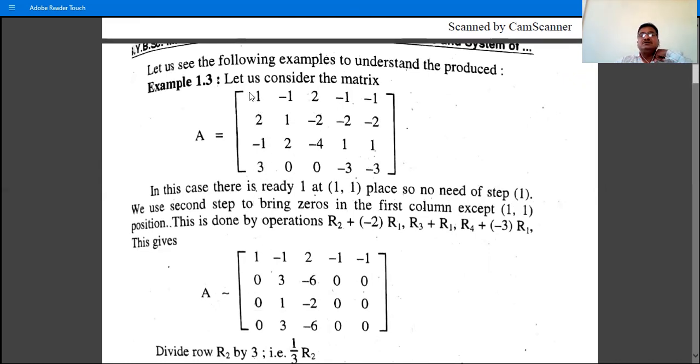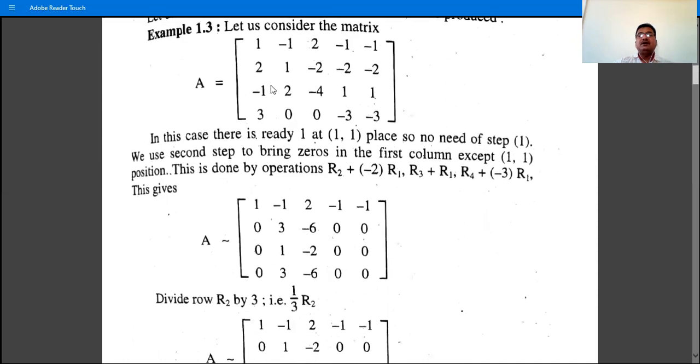So first it is 1, therefore we have to reduce these elements, 2, minus 1 and 3, to 0. So the operation is R2 minus 2R1. That is, multiply the first row by minus 2 and add it to the second row. So the change is in the second row; there is no change in the first row. Multiply the first row by minus 2 and add it to the second row, R2 plus (minus 2R1).